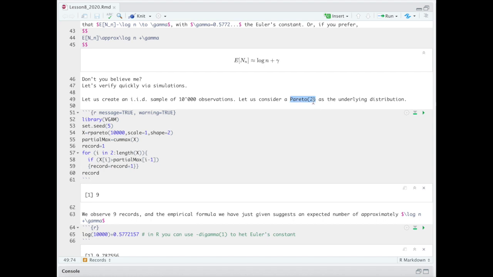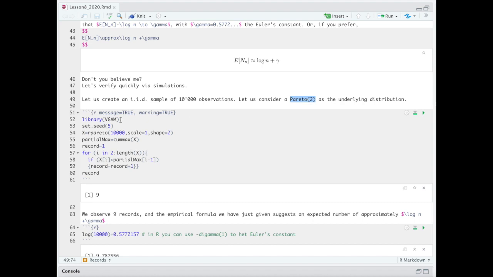So it's a Pareto with a relatively fat tail, because remember that if the alpha parameter of our Pareto is 2 or more, we have the existence of the variance, but here we are on the borderline situation.